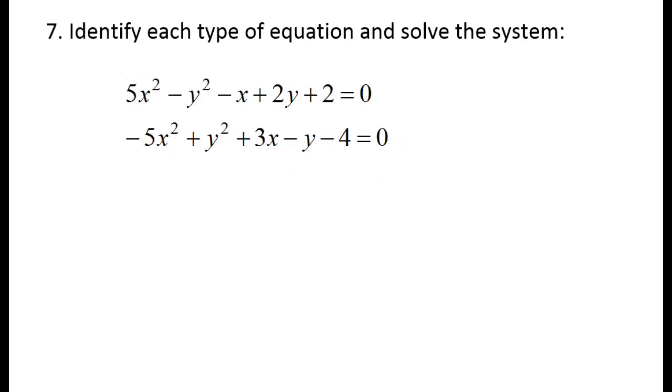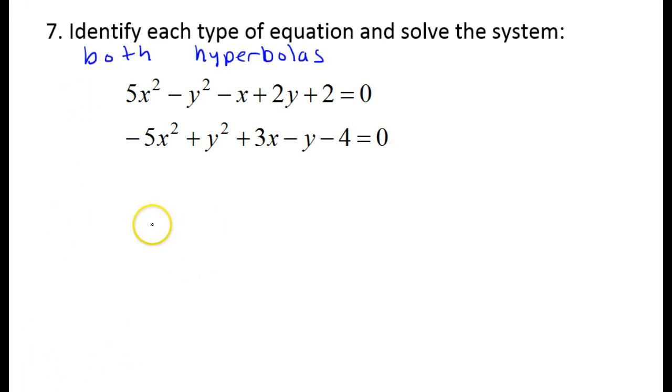Problem number 7. What kind of shapes are these? This is a hyperbola, and this is also a hyperbola. How do I know? I'm looking at the x squared and the y squared, and the signs are different. Positive, negative, negative, positive. Anytime the signs are different on the x squared and the y squared, it's a hyperbola. So both of these are hyperbolas.